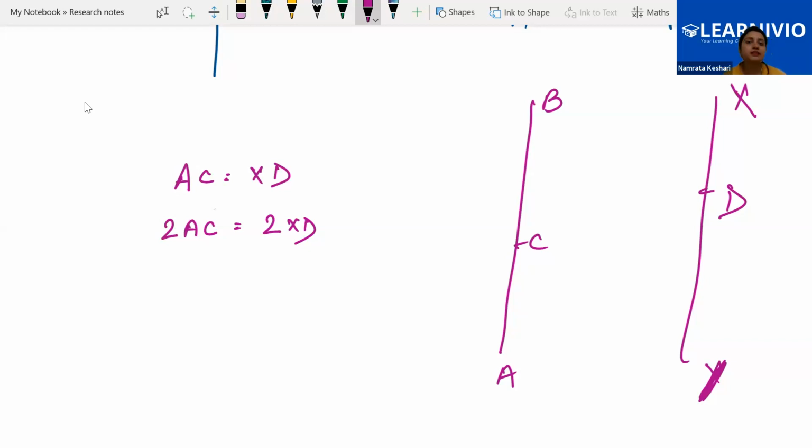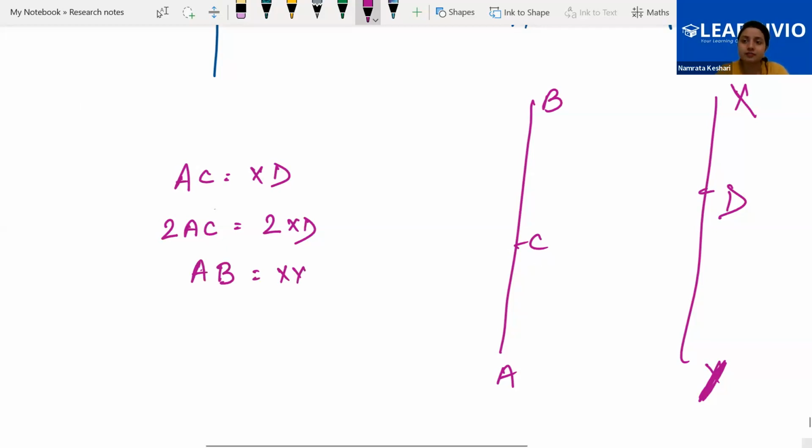So we are multiplying 2 on both sides. Now 2 times AC means AB and 2 times XD means XY. Things which are double of the same thing are equal to each other.